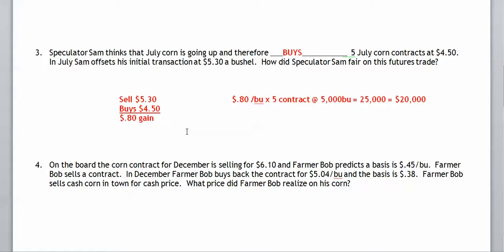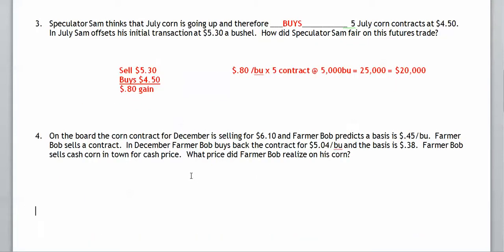The hedger or farmer, if they make money on the futures market, that offsets a lower price in the cash market. And vice versa, if cash corn goes up, they take a loss, and that makes up for the gain in the futures market.